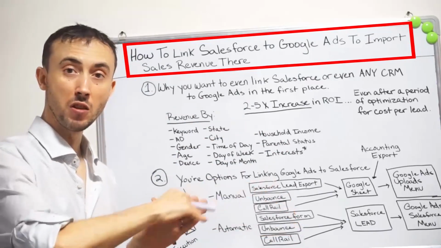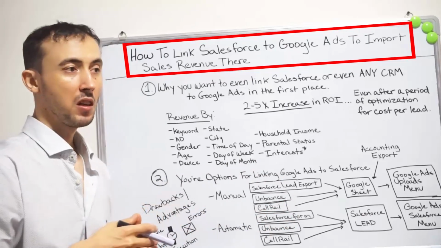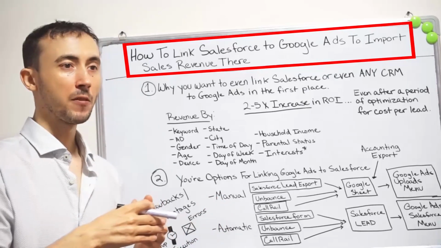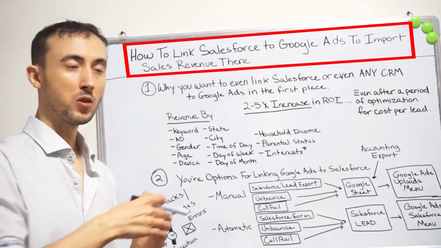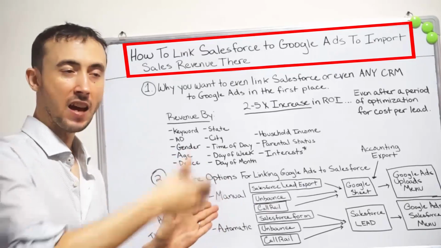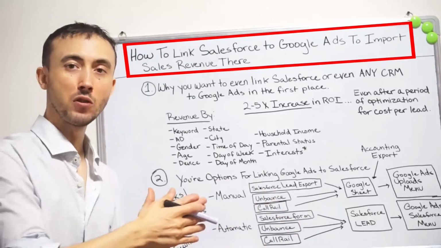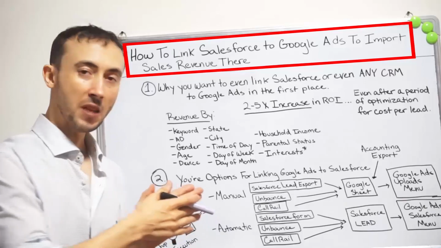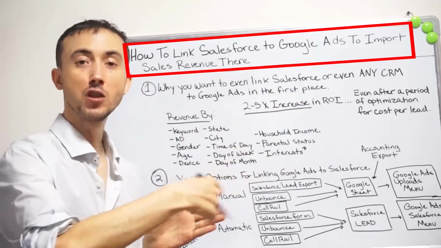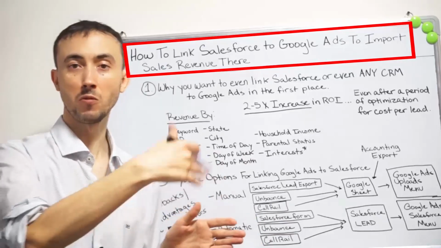You have 90 days to track them, for them to come back. But also once they turn into a lead, you can track. So let's say it was 10 days from the time they clicked your ad till they turned into a lead. Well, that now leaves you 80 days, if you've set it up for the maximum conversion window, to have that person show their known value to you in terms of revenue.